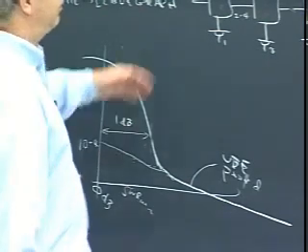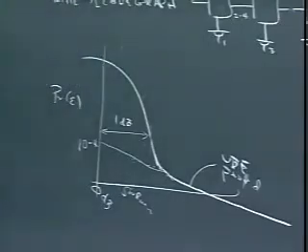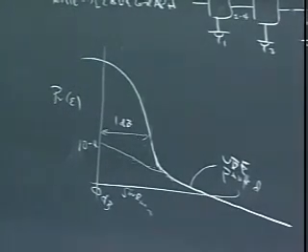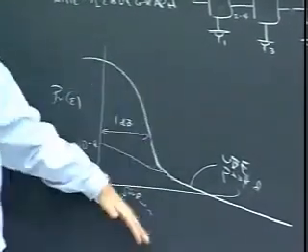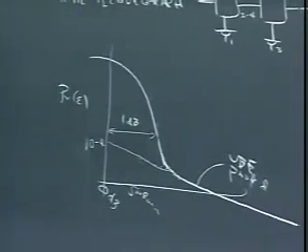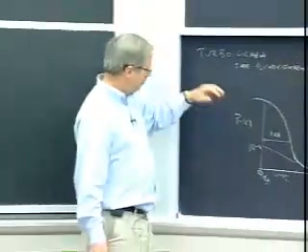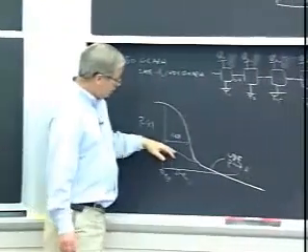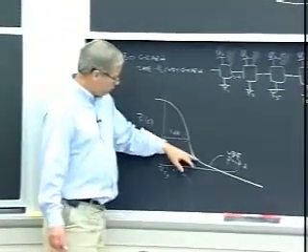There may be only a few in 1,000 length blocks, so the error coefficient is very small. That's why this is way down here. The interleaver tends to give you a 1 over n effect on the error coefficient. So this is way down here, and it doesn't bother you in the waterfall region, but then at some point it becomes dominant.